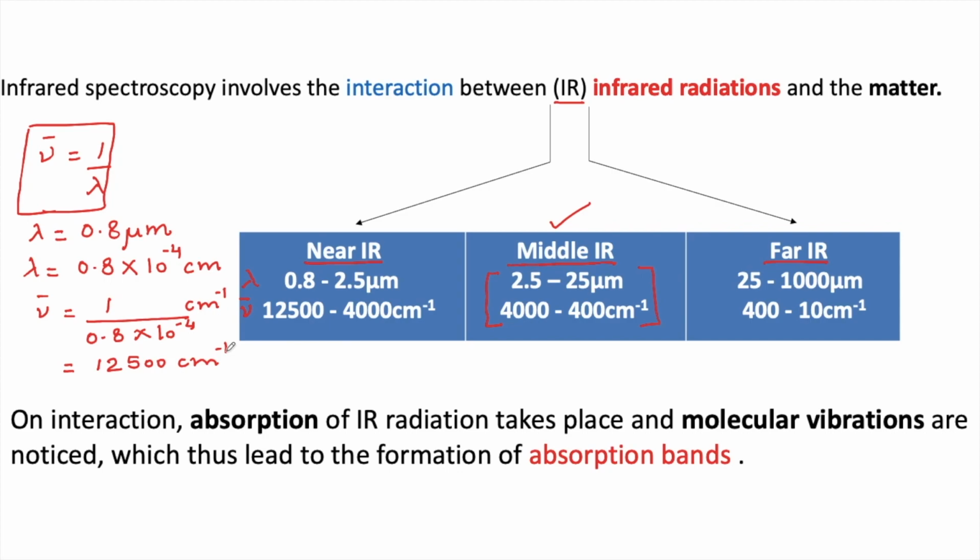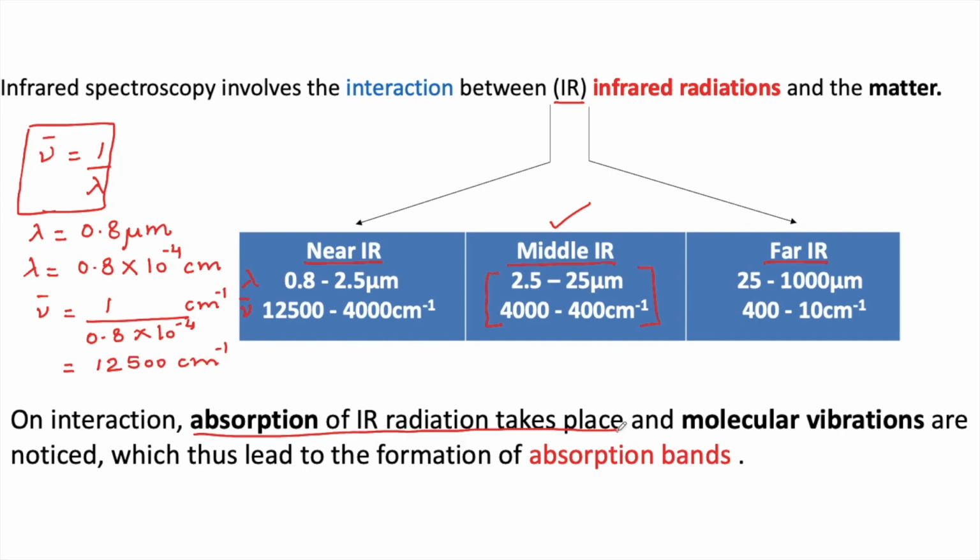So now let us learn what happens on interaction between infrared radiations and the matter. In our previous session, I have already told you that either the absorption or emission of electromagnetic radiations can take place. Here, in this spectroscopic technique, the absorption of IR radiation will take place.